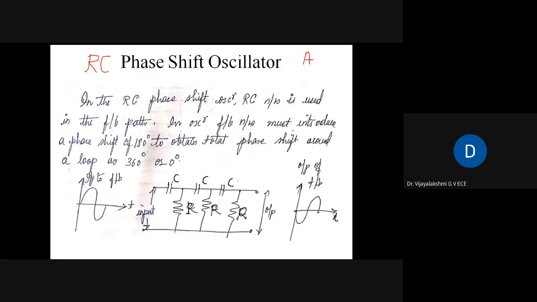So let me take that as beta and the amplifier part as A. If this circuit, which has the amplifier module and the feedback module, has to generate sustained oscillations, the total phase shift around this loop should be 0 degree or 360 degrees, and the product of open loop gain A and the feedback factor beta should be equal to 1.